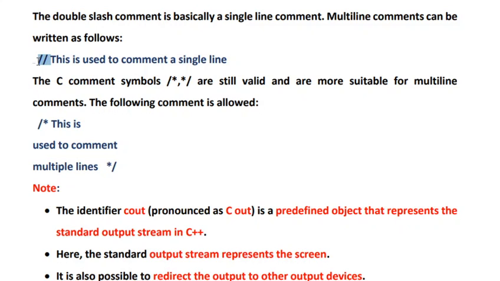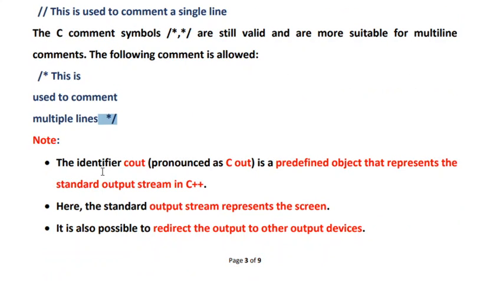One is by using double slash, where only a particular line will be commented. If you use the slash star notation, then you can comment multiple lines. Whatever is placed between either a pair of slashes or a pair of these symbols will be ignored by the compiler or will not be translated into zeros and ones.